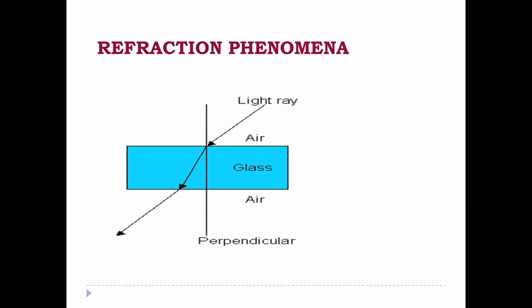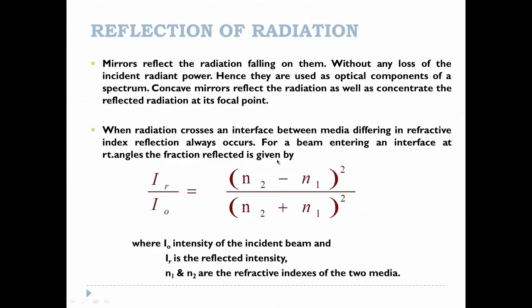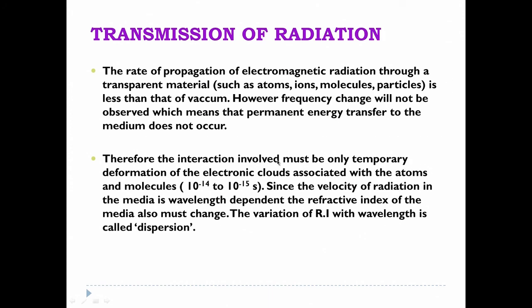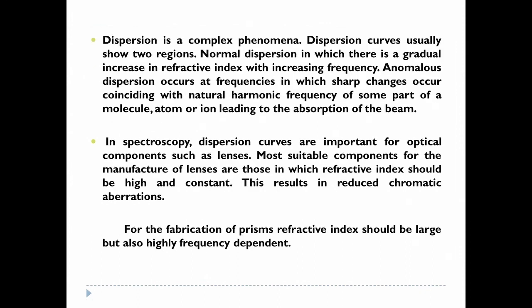The moment I remove this glass material, it becomes a straight line again, as if there is nothing there. So, the transmission is always like this. The refractive index affects the transmission, and dispersion is a complex phenomenon.